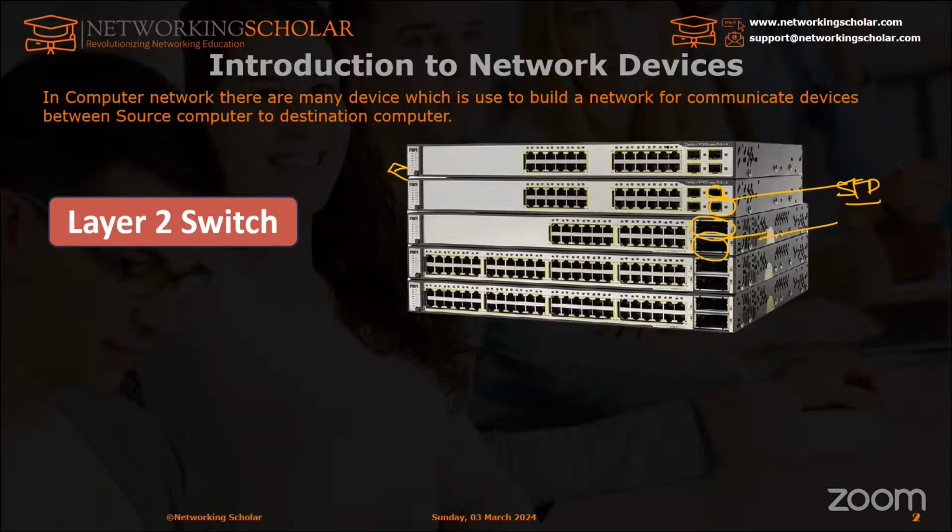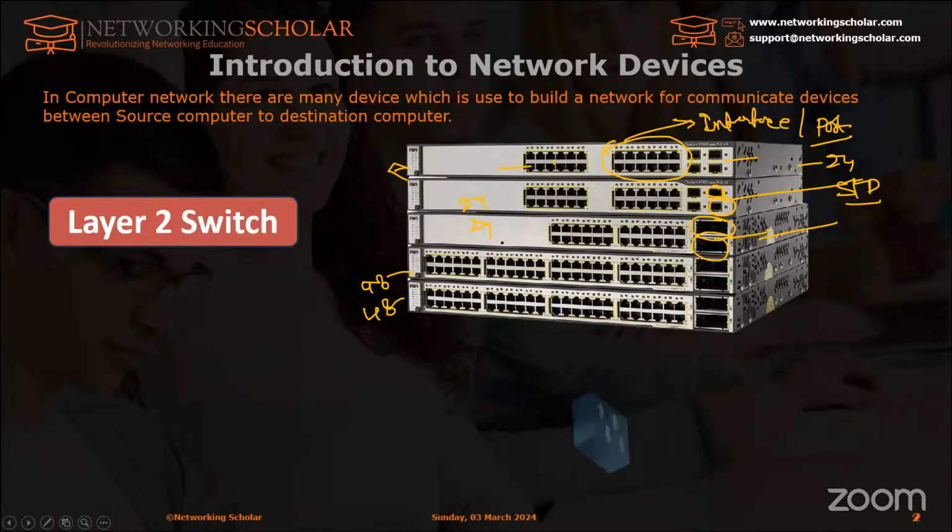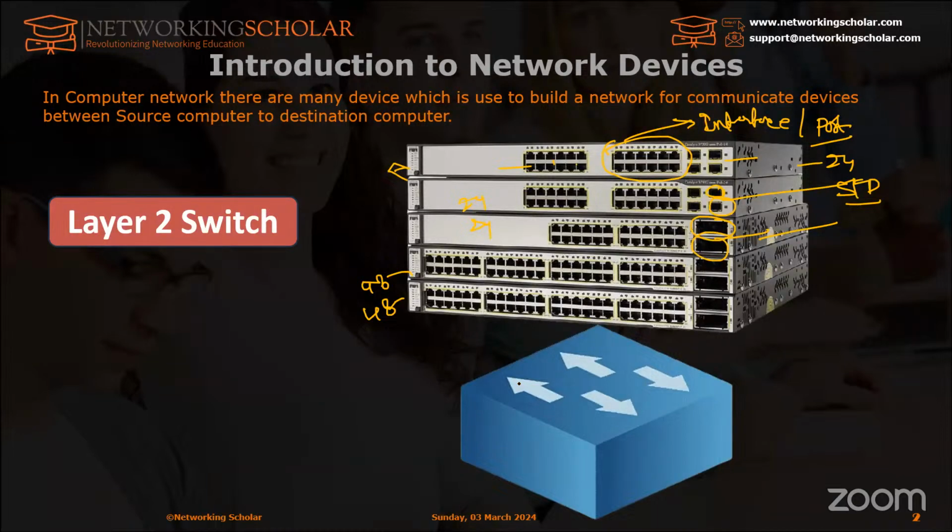And here you can see these slots are called interfaces or ports. This is maybe a 12 port, this is a 24 port switch. This is also 24 port. This is a 48 port switch. So how it looks in a network diagram, there will be four arrows.